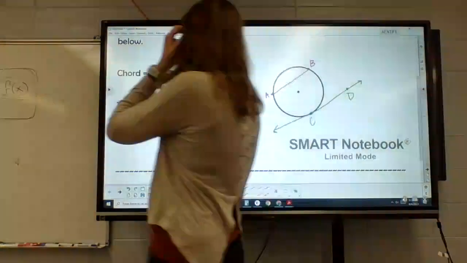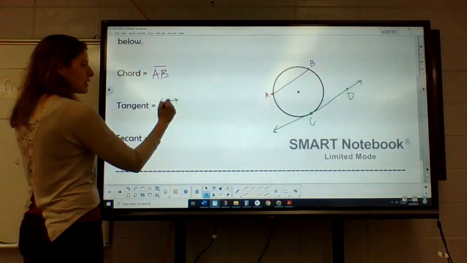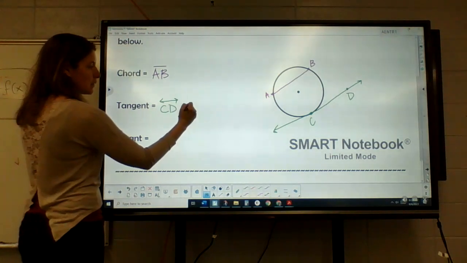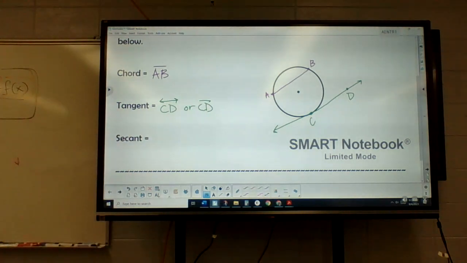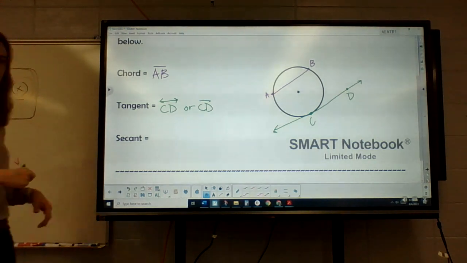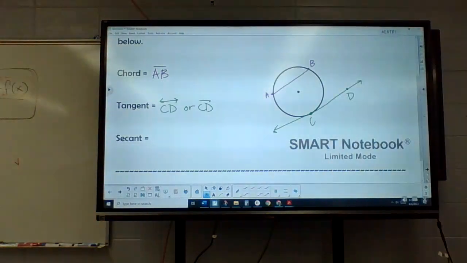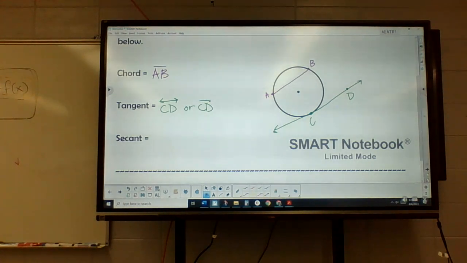The tangent can either be a line or a segment, so you can either say the tangent keeps going forever or it stops. And this is supposed to look straight. If mine doesn't look straight, pretend it's straight.